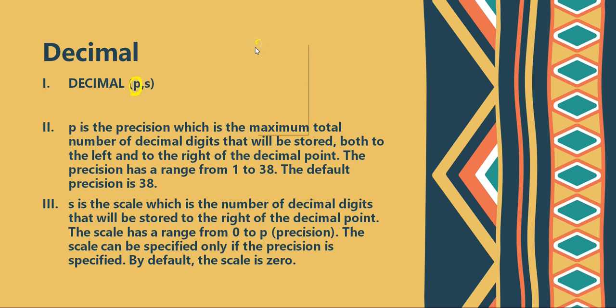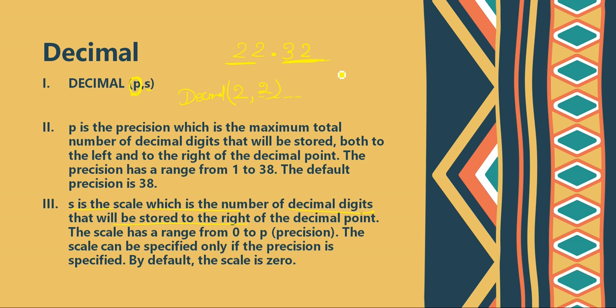Like I want to store 2.32, only two digits before the decimal and two digits after the decimal. So I will create a decimal of 4, and S is the scale, which is the number of decimal digits that will be stored to the right of the decimal point. So up to how many places you want after the decimal, you need to define here.